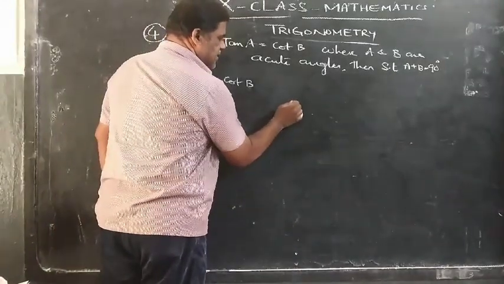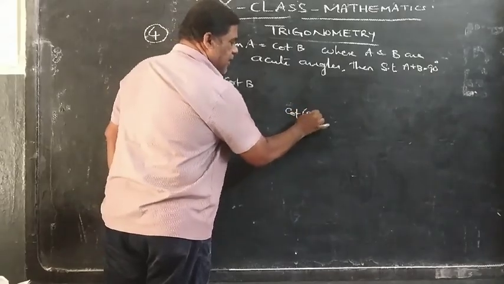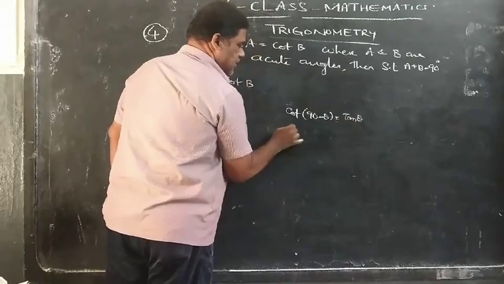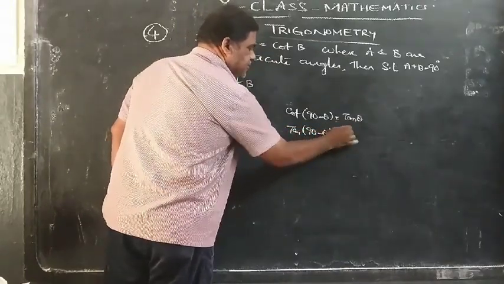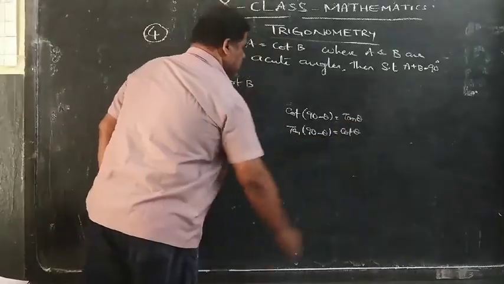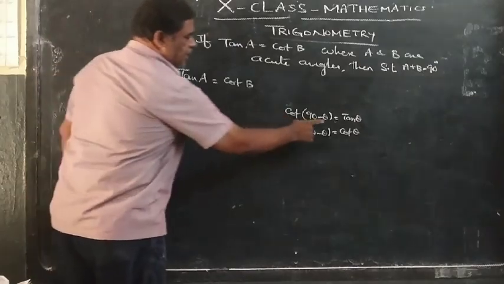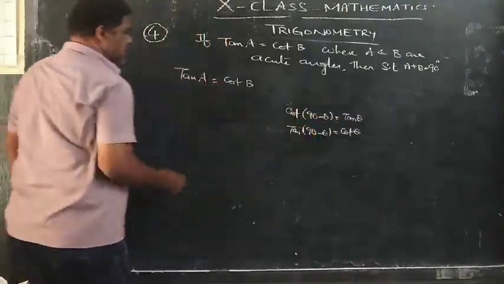Let us take the trigonometric ratios of complementary angles. Cot 90 minus theta is tan theta, and tan 90 minus theta is cot theta. So like the previous problem, tan theta we have to write as cot 90 minus theta.